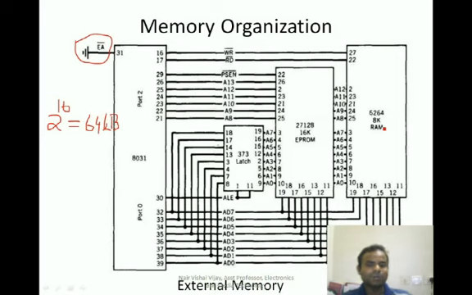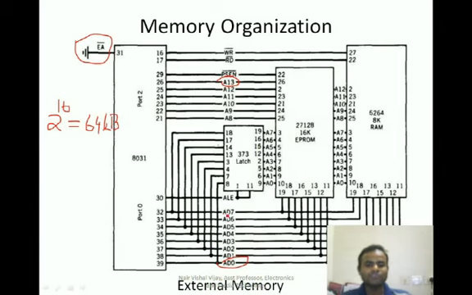So 14 lines will provide you up to 16 kilobyte of memory access. So as you can see over here, the 16 kilobyte ROM can be accessed by 14 lines, A0 to A13. So A0 to A13 have to be run to this ROM.